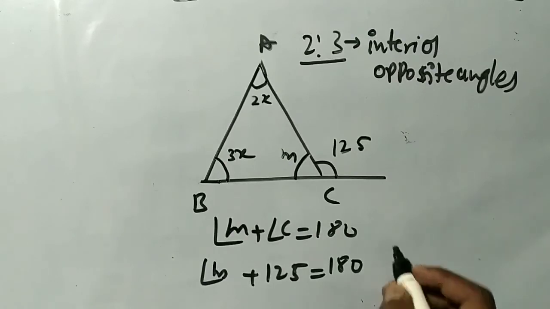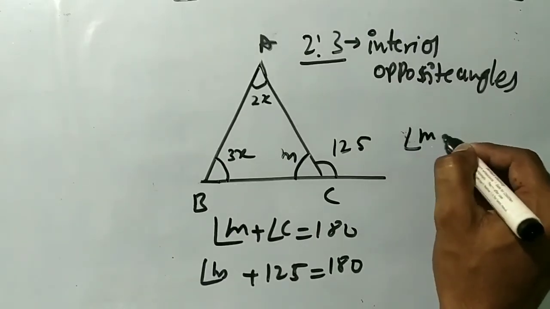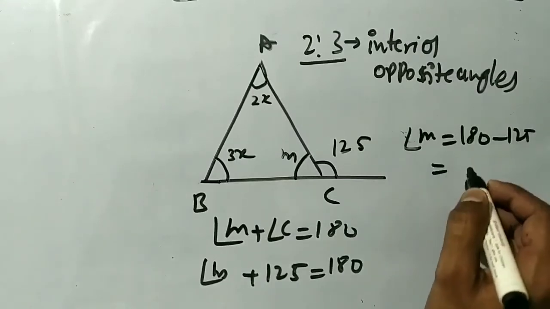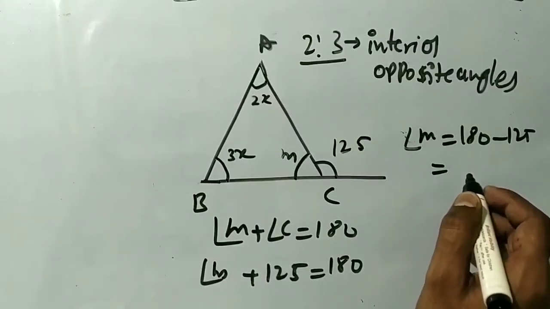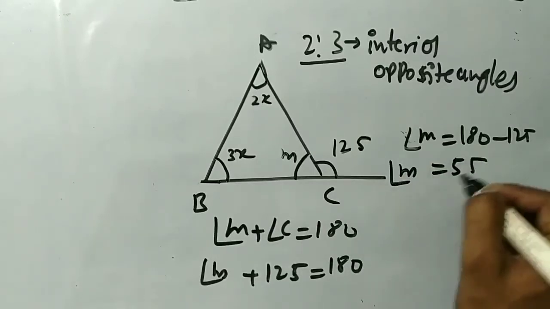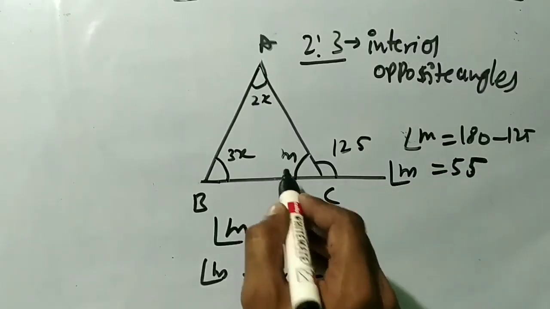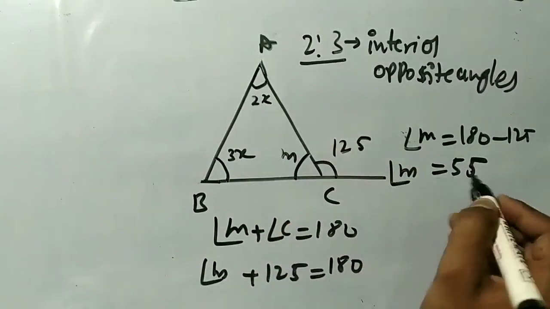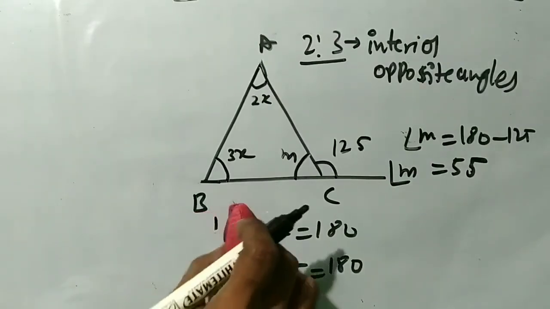So angle M is equal to 180 minus 125, which is 55. We got angle M is equal to 55. This problem is completed.